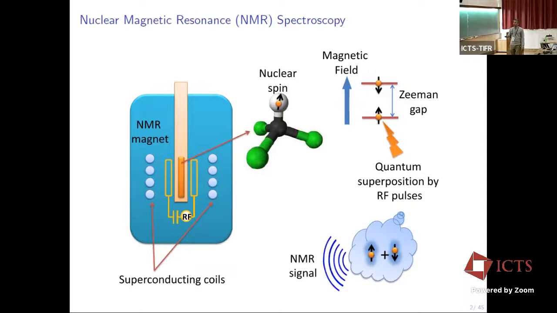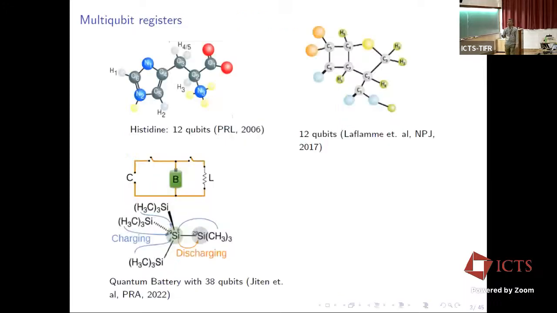And then these superpositions also induce electromagnetic induction in this coil, and that is recorded as the NMR signal. Basically, it comes out as EMF. And that is amplified and recorded as the NMR signal, which we can analyze. So that's the entire summary of the platform.